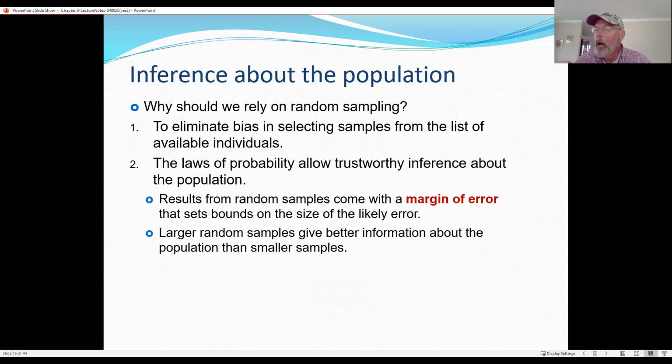And in this bullet here, a random sample with a size of 20 is better to get information from the population than the smaller sample of size 10. Questions about that?